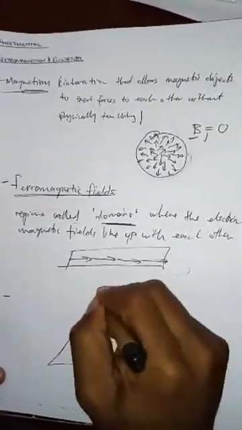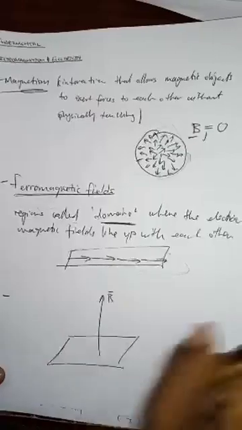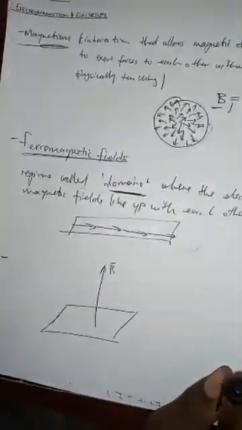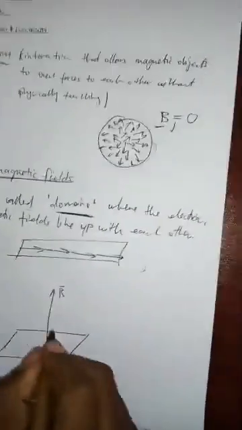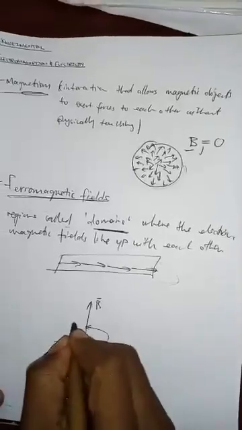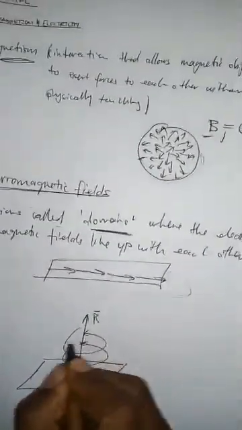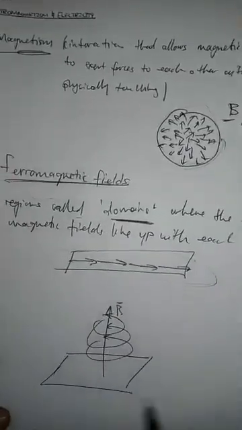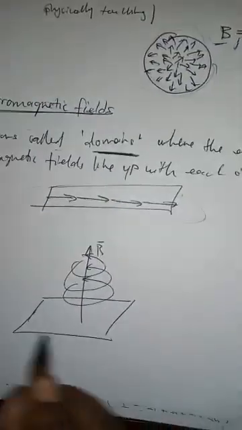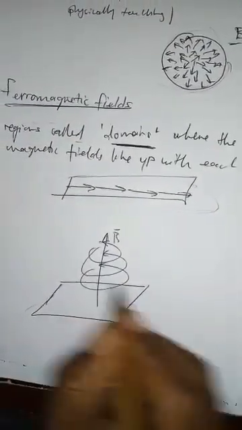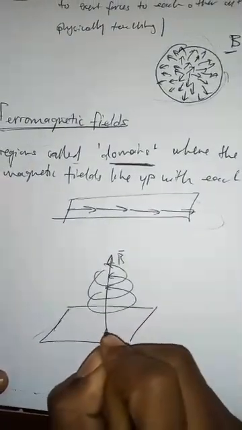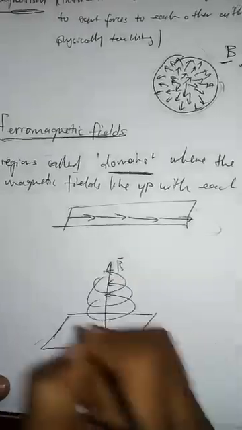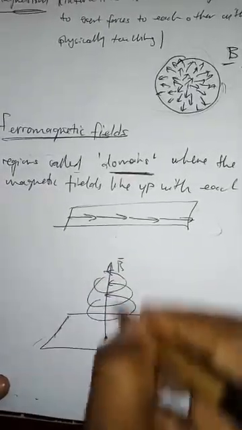So let's say this is a magnetic field, and let's say you have current flowing in this direction. I'm trying to put this as some surface, some reference point from where we can say this is the direction of the magnetic field, and there is some current carrying conductor.